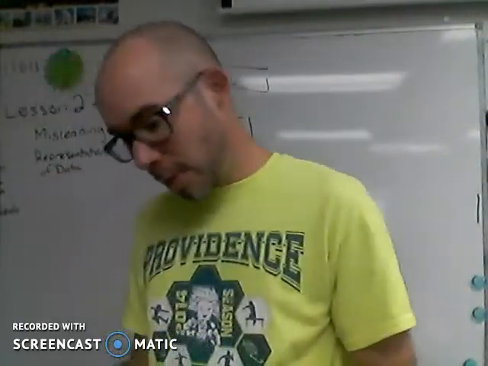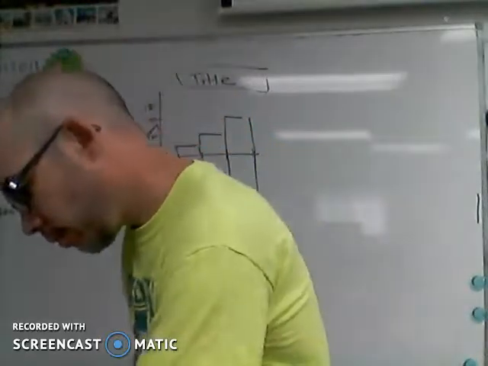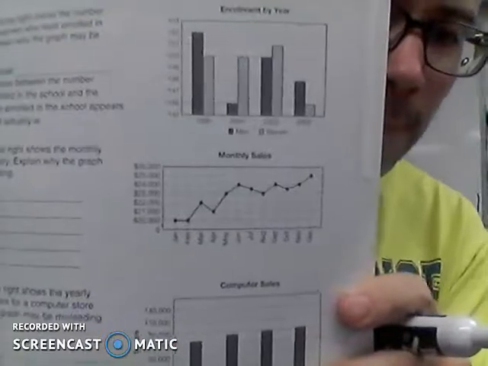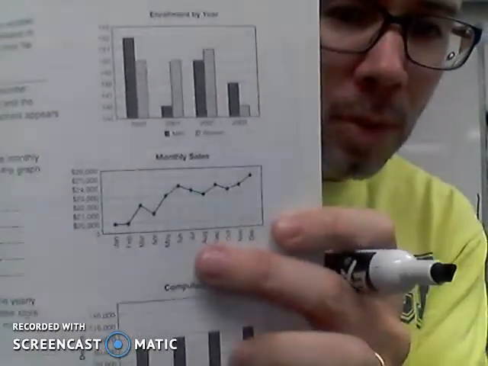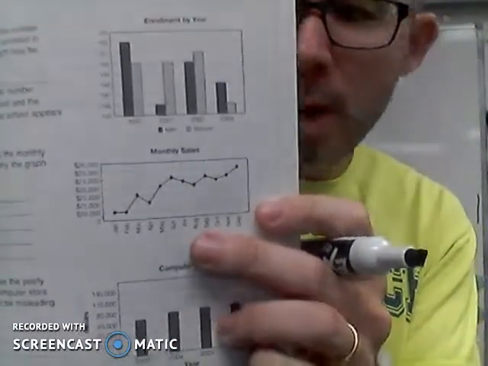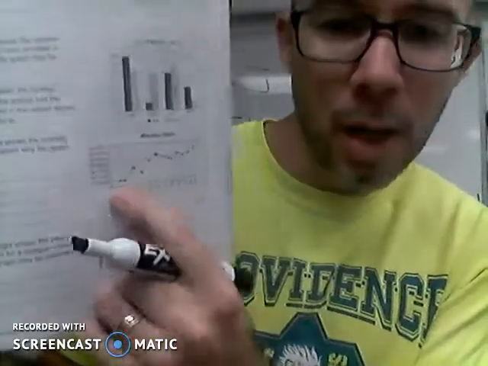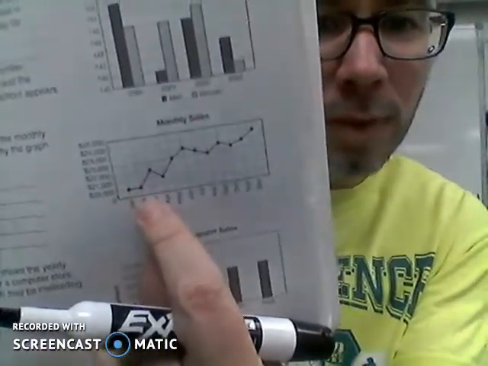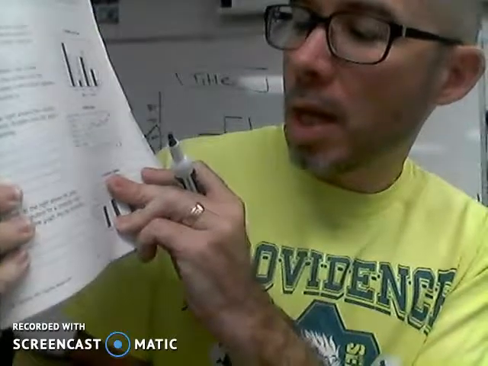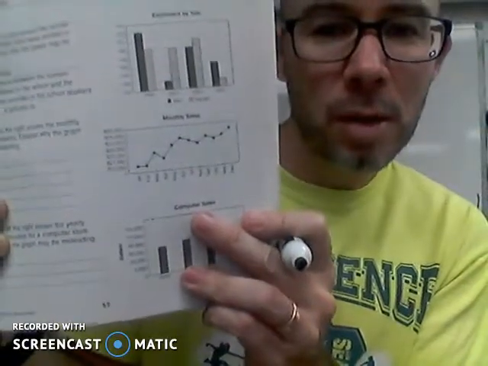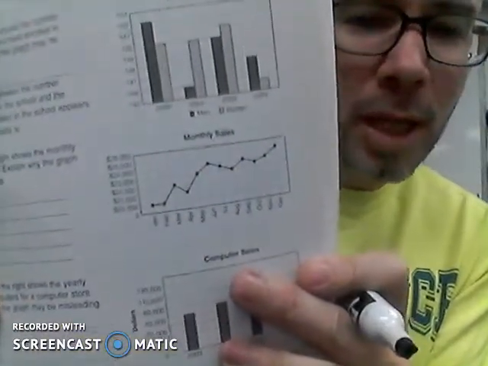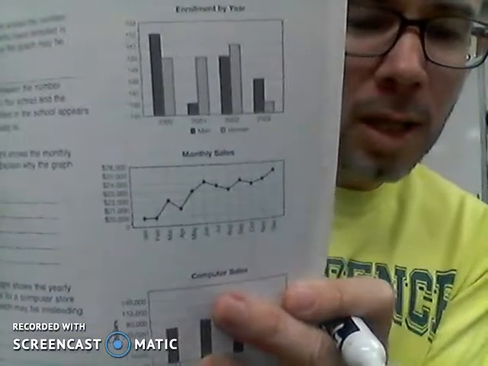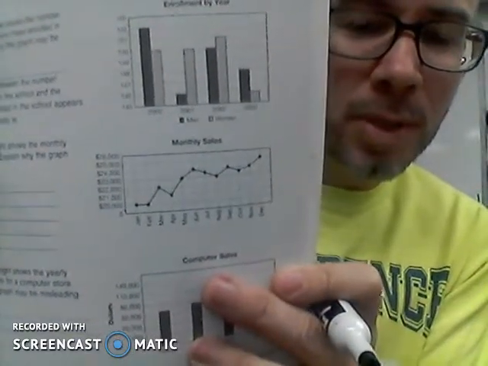They give you lots of other pictures in your book. Here's one in a guide that's got a broken axis here on the y, right there. You can see it goes from 0, broken axis, to 20,000. Now on that one, they got this line chart, and it looks like there are these big jumps and zigs and zags.